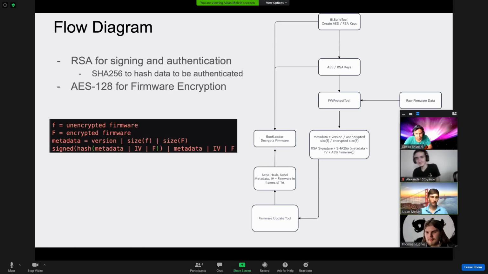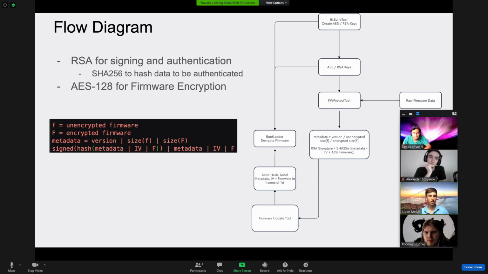All right, so moving on to the design challenge part of this. Here's a flow diagram representing our design for the final challenge. The challenge was to imagine a scenario in which you're a company trying to update the firmware in your remote self-driving car, and you need to securely write that firmware to the car without it being corrupted on the way, so that the car doesn't get hacked, essentially.